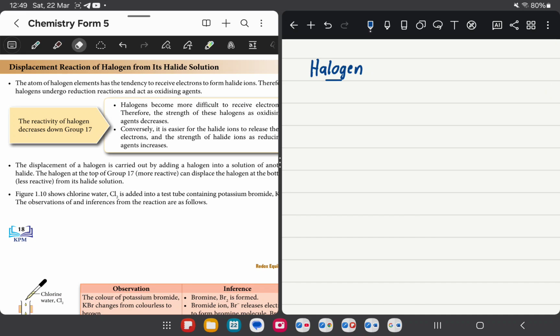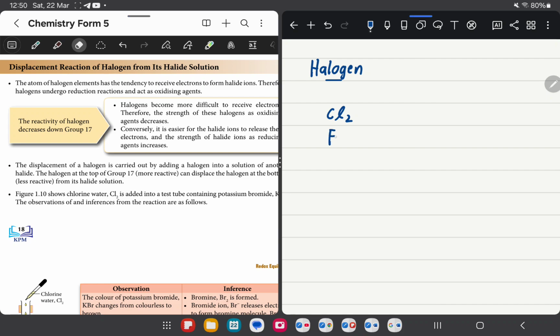Element means they are from the same family only, without other family members. Let's compare element and compound. FeO is a compound because it has Fe family and also O family. Cl2 is only the Cl family, so it is an element but it is a molecule.